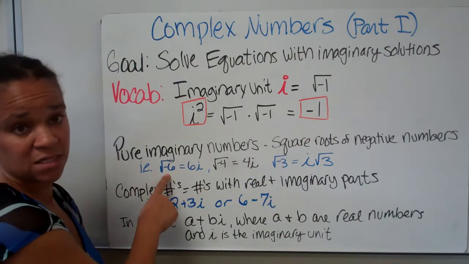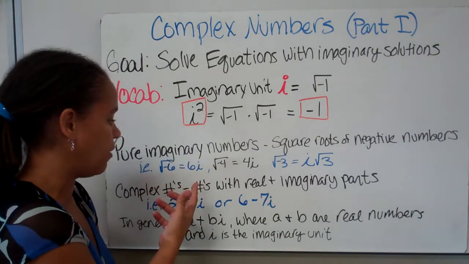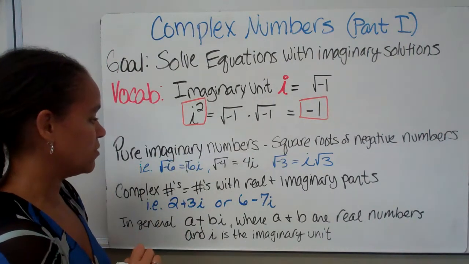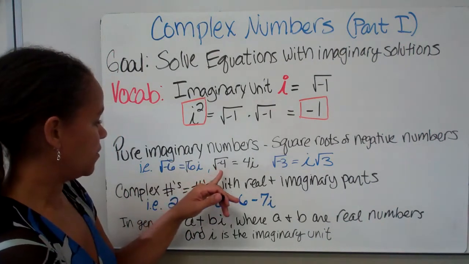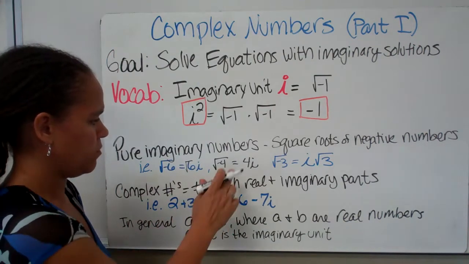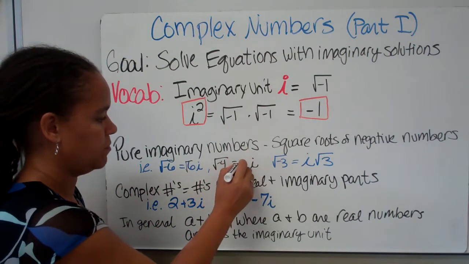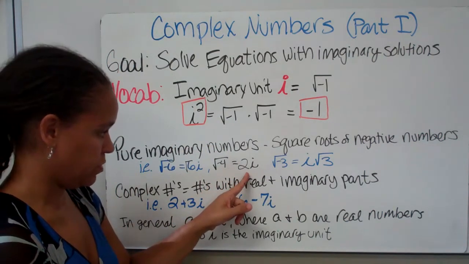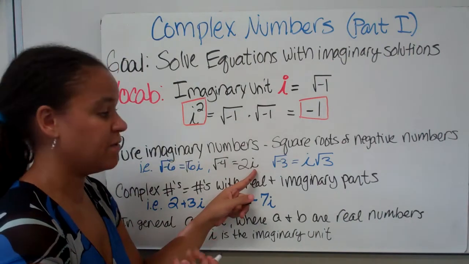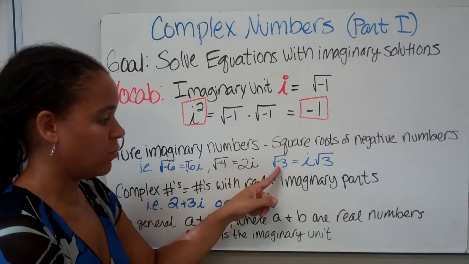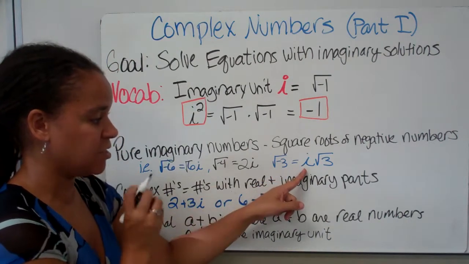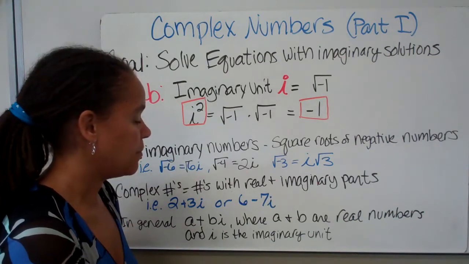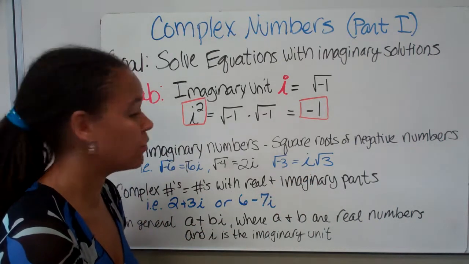So the square root of -6 we would say as radical 6 i. The square root of -4 should be 2i, because the square root of 4 is 2, and i represents the -1 that's in there. And the square root of -3 is just i to pull out the -1, radical 3. Can't break down radical 3 into anything smaller, so it just stays as radical 3.